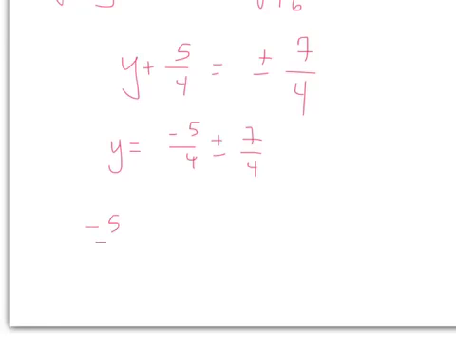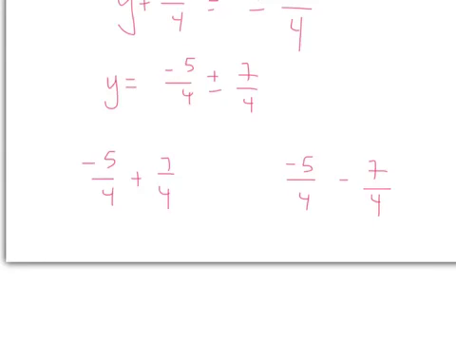Negative 5/4 plus 7/4 and negative 5/4 minus 7/4. The first is going to be 2/4 or just 1/2. That's one of the answers. Reducing those, the other is negative 12 over 4, or simply negative 3.